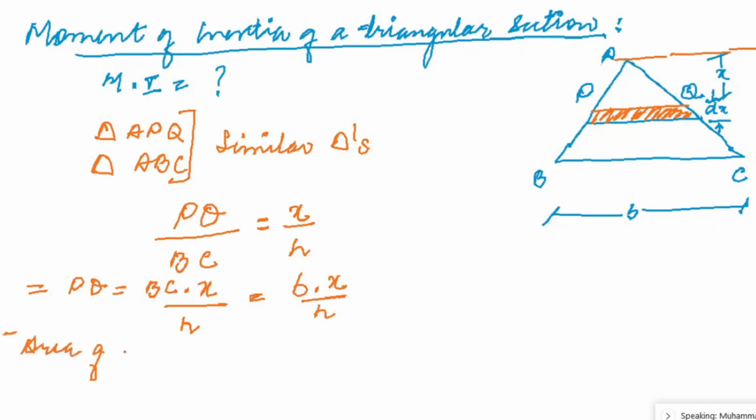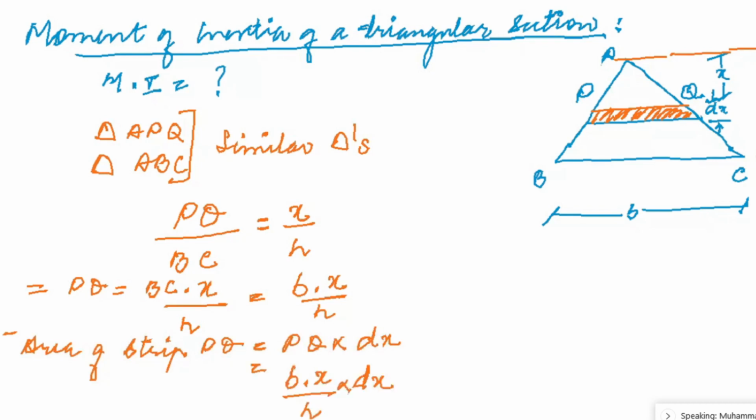Now you have already got PQ. That comes out to be B multiplied by x divided by h into dx. This is your area of the strip PQ.